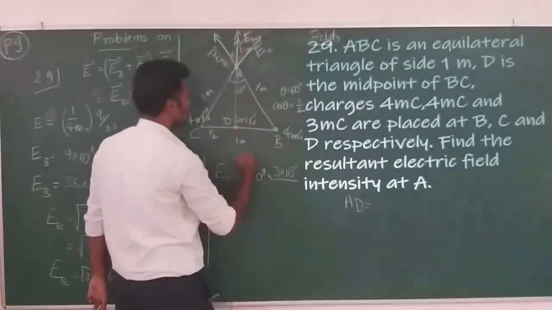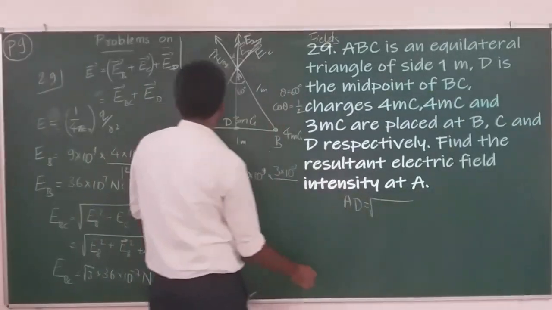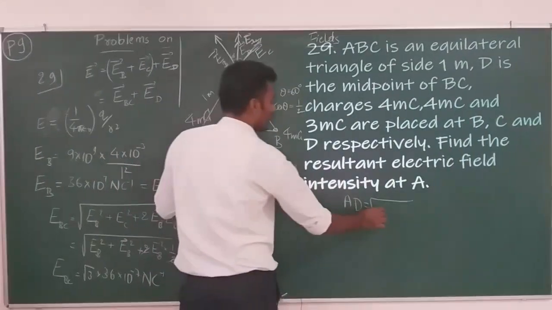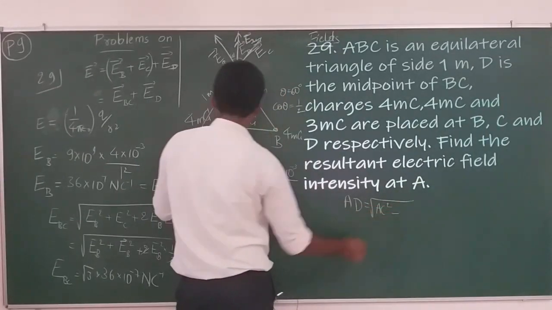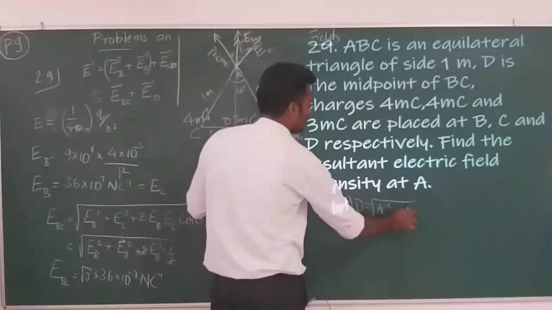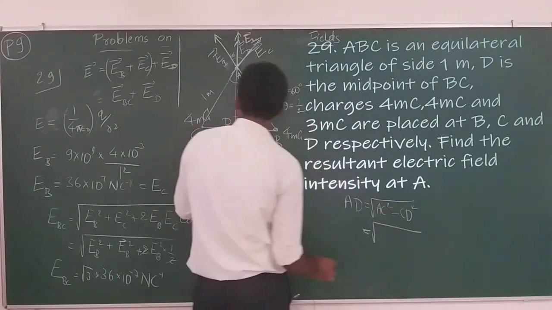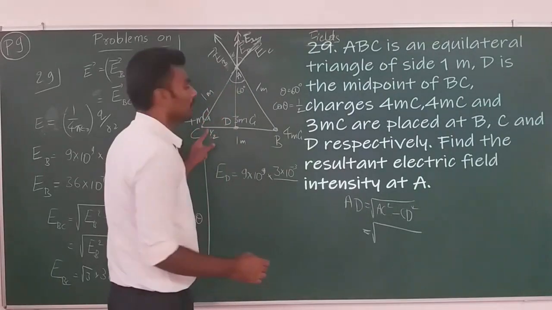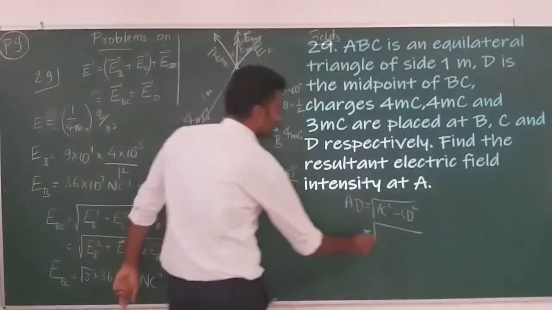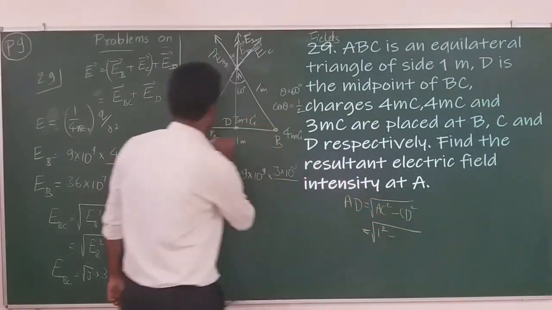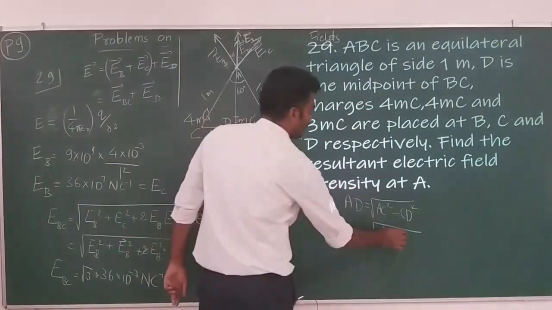AD is equal to under root of AC squared minus CD squared, which is equal to, AC is 1 meter, minus CD which is half, squared.